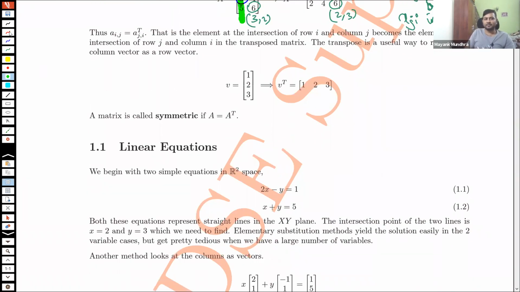Now, a lot of times you will see textbooks writing vectors in this format. So what are vectors? A vector is basically some n-dimensional vector you have. So it has n numbers, each number corresponding to a different dimension. All right, so suppose you have x, y, z.